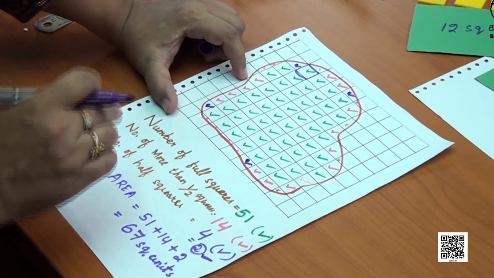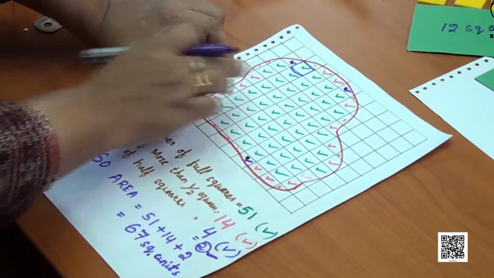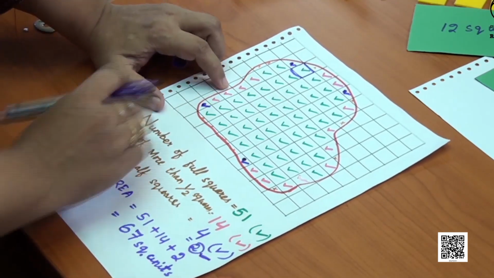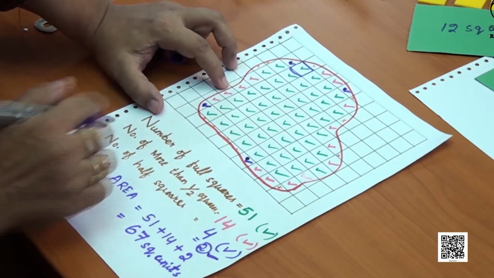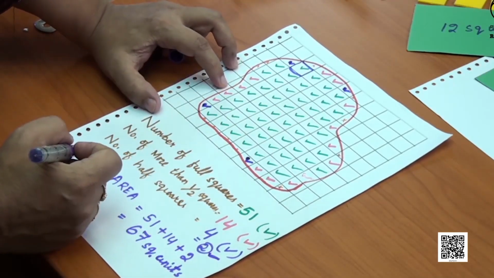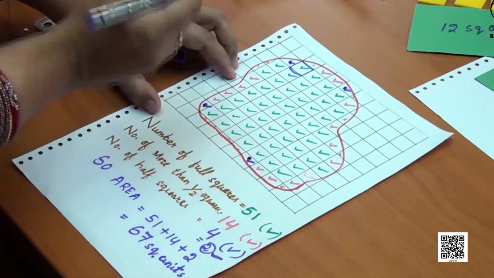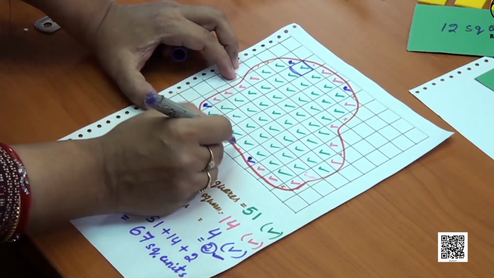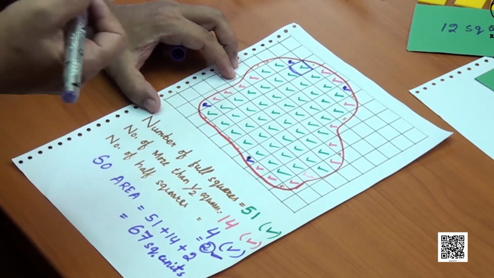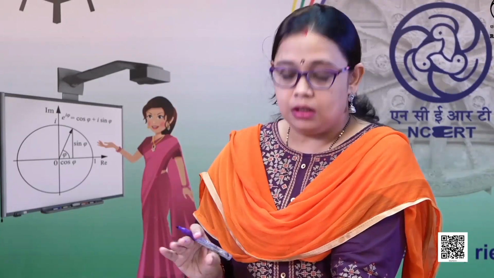Why have I crossed them? Because the more than half squares we are counting as one full square, so here we are taking a little more. So the smaller ones which cover less than half, we will ignore them. So that will be adjusted in between.